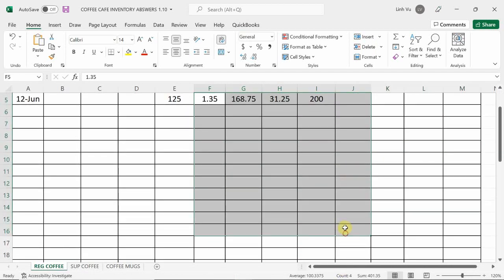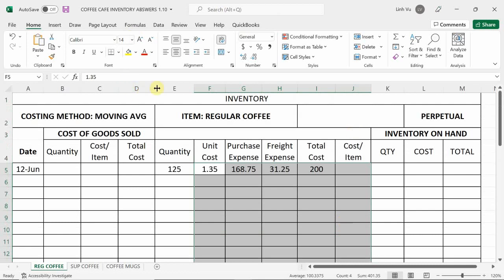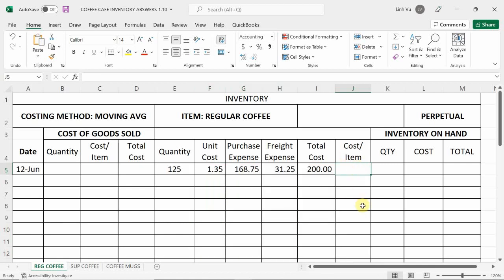In this case, because I'm using weighted or moving average costing, I need to figure out, because this is my only batch of inventory as of right now, what my average cost per item is.